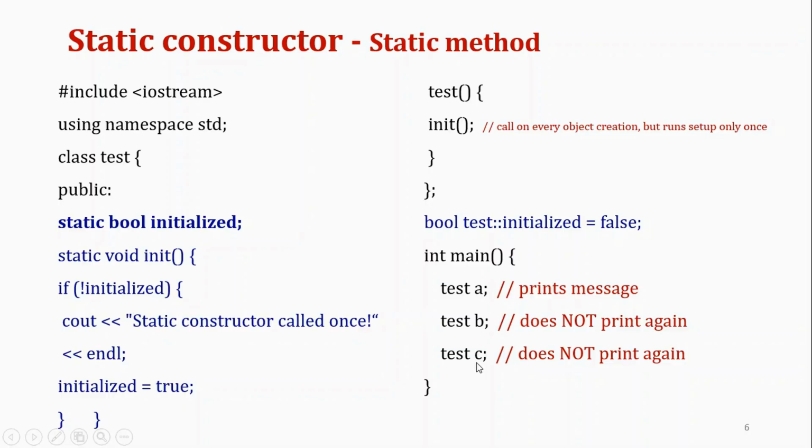For the third object, the init function is called, but it is already initialized, so this cout will never be executed. So it will be initialized only once, and once it is initialized, the cout is never called again and again. So we are trying to mimic the static constructor by calling the static member function from the default constructor.